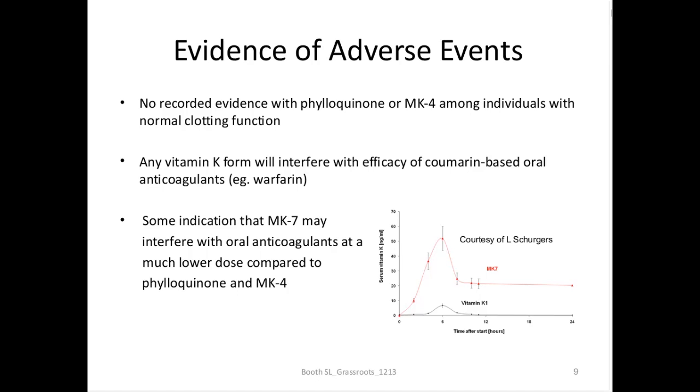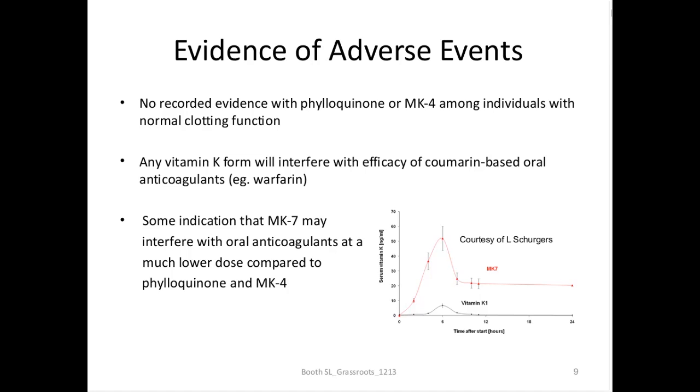And the reason for this is shown in the graph on the right. What this shows is if somebody is given equal doses of menaquinone 7 or phylloquinone, vitamin K1, here's vitamin K1, what happens is if you measure their vitamin K blood levels, within 6 hours, there's an increase in the vitamin K, and then it pretty well disappears from your blood. What that means is vitamin K comes into the circulation, and then it disappears from the circulation very quickly.